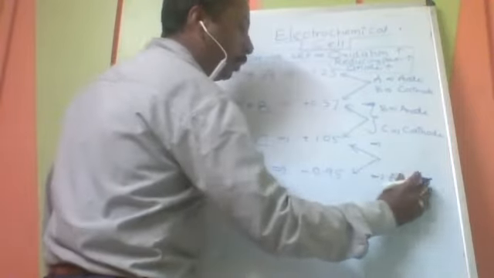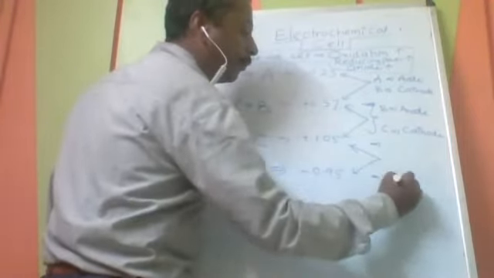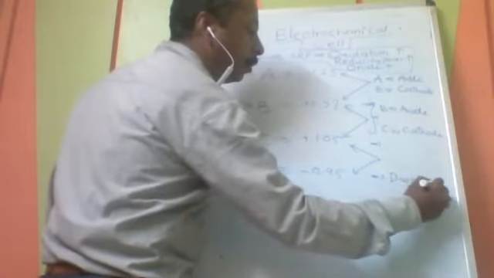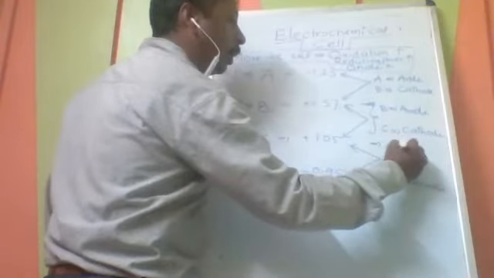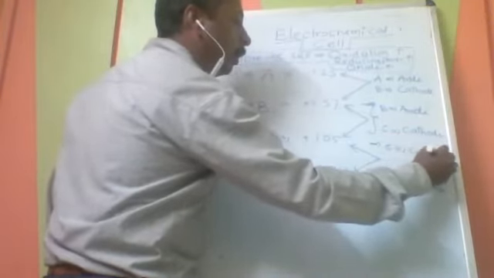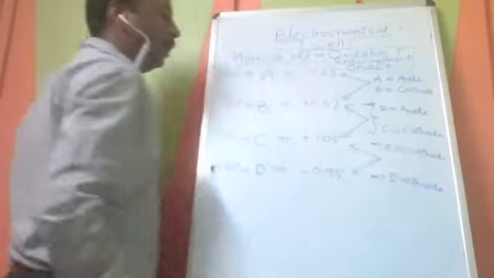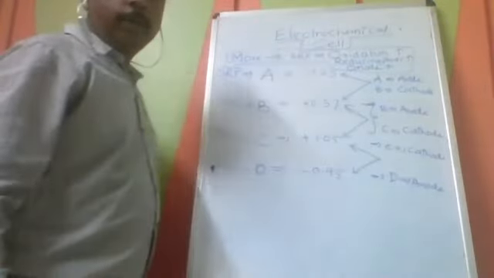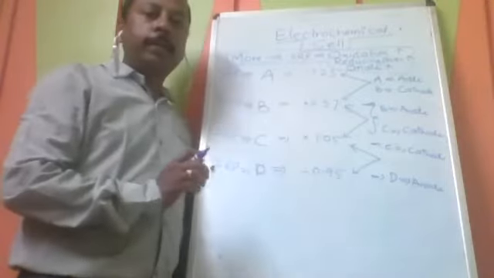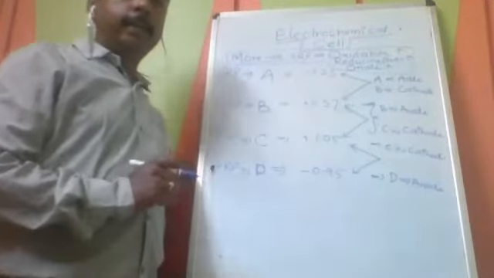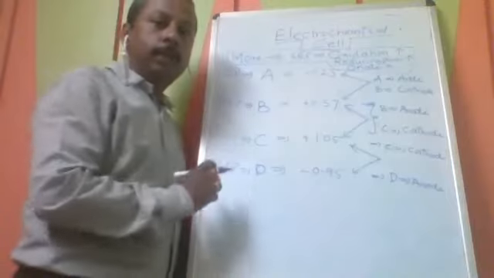So D will act as anode and C will act as cathode. Both times C is cathode only. Understood? With the help of the electrode potential, we can assess metallic tendency and reducing power.